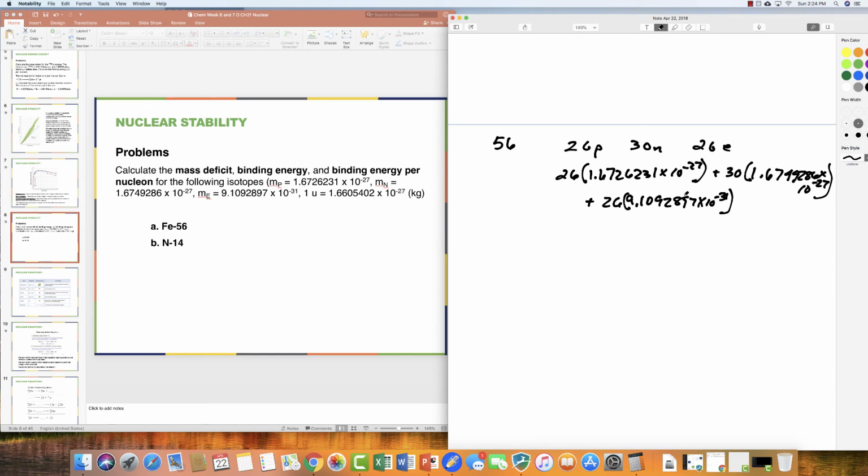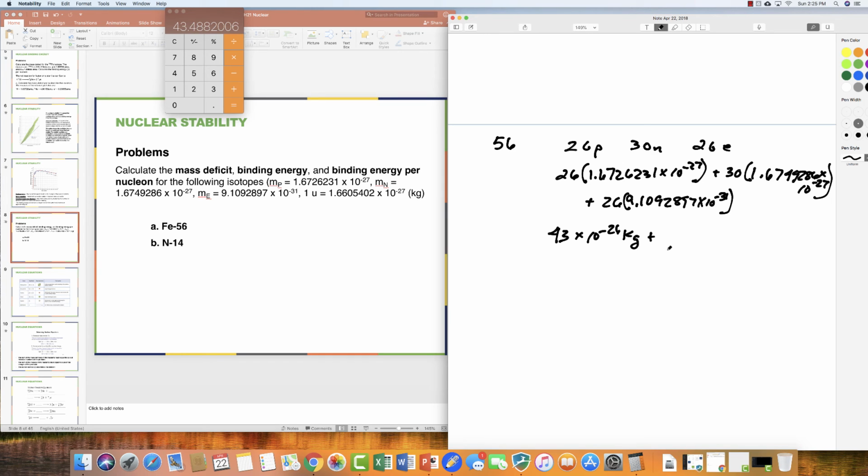So let's look at the total here. 26 times this number is 4.3 times 10 to the minus 26 kilograms.